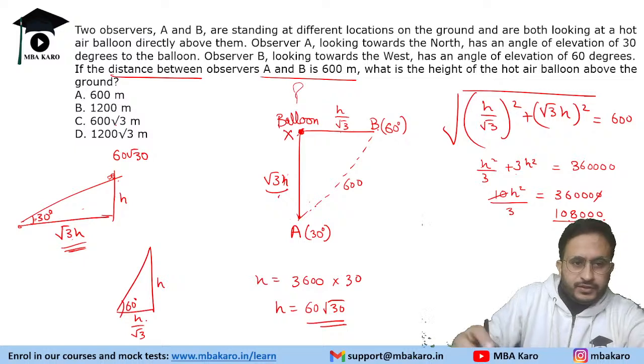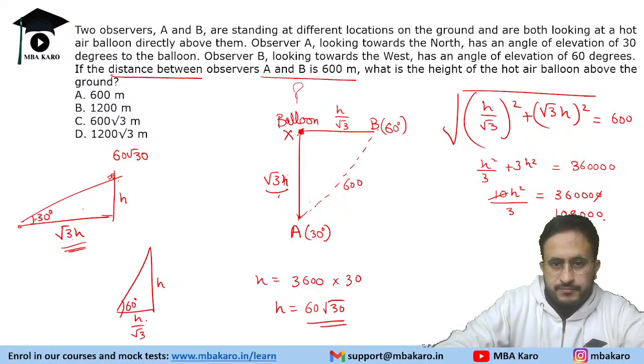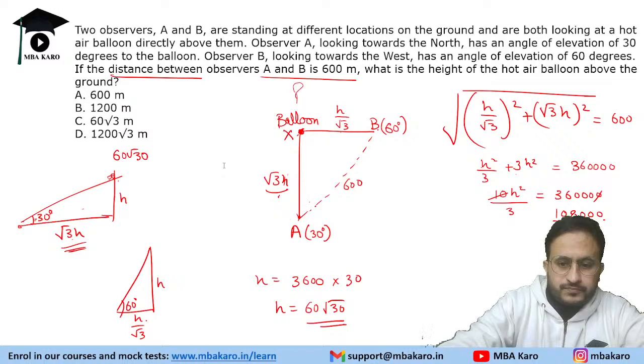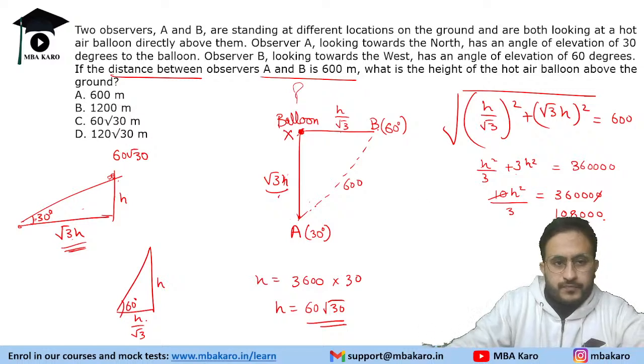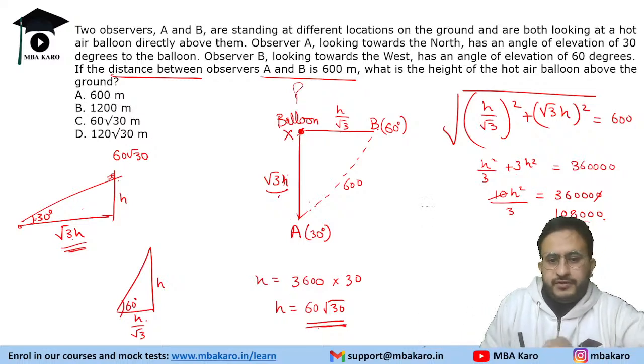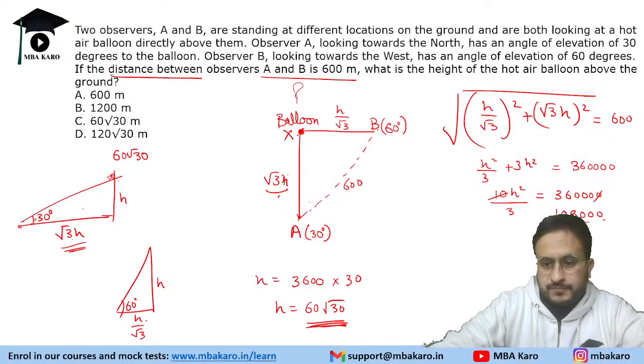I made a mistake in the calculations which I did. So let's just take it as 60 root 30. Okay, 60 root 30 will be the answer to this question.